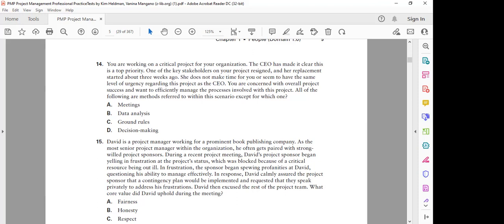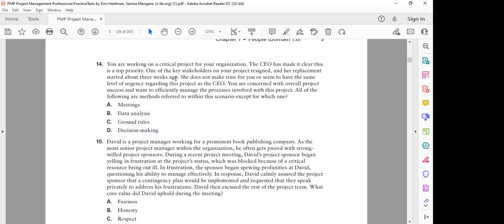Which method is not referred to in this explanation? Yes, Miss, you are also correct. Heather and Musa. Musa, no. Everything was done except ground rules.